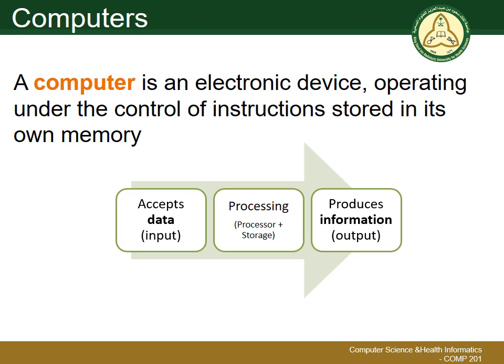So this is an important difference between data and information. Data is before processing and information is after processing. Now it's more meaningful. We give this data more meaning so people can understand the message from this information.